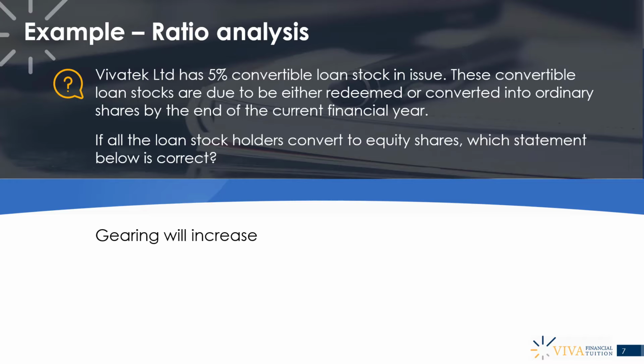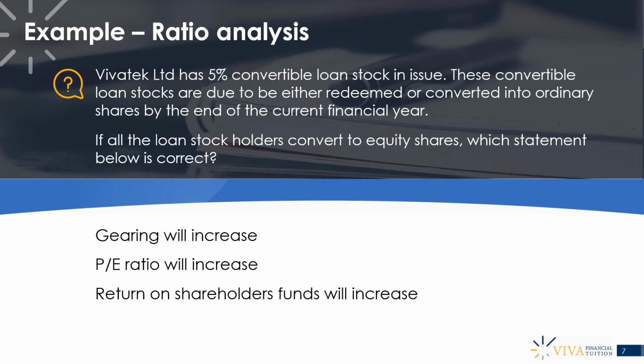Gearing will increase. The PE ratio will increase. Return on shareholders' funds will increase. Interest cover will increase. Now, if you're stuck in this kind of question, a good idea is to write out the formula for each one and perhaps stick some made-up numbers in too. So, for example, with the gearing, debt over debt plus equity, just put in some example numbers to start with.